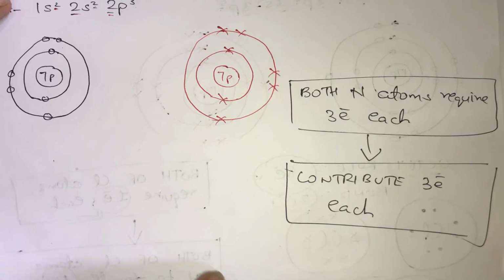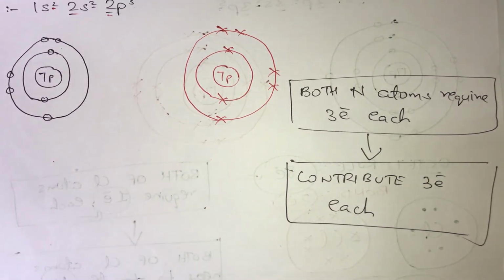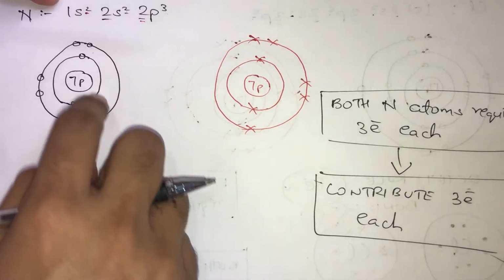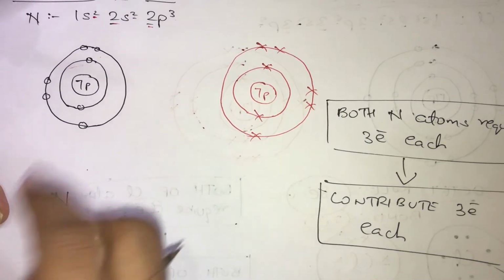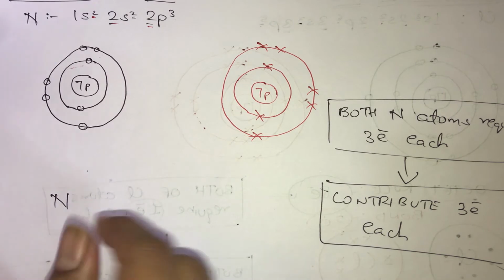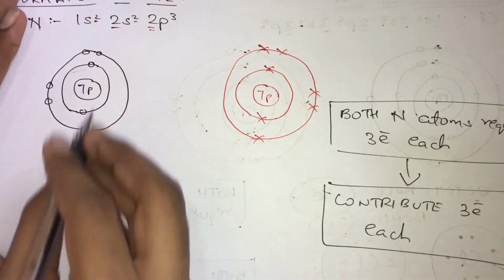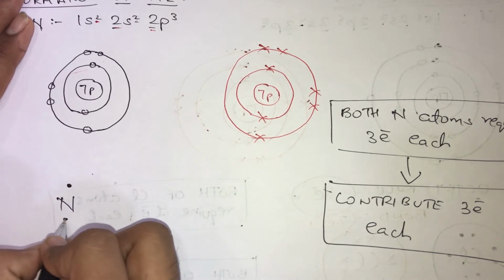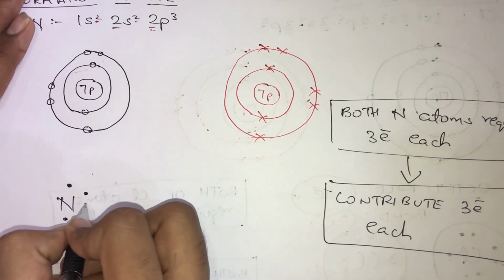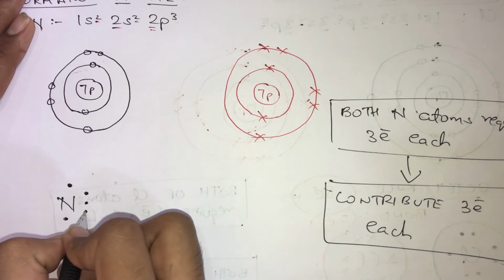So guys, let us draw the Lewis structure now. First of all, I am going to draw the Lewis structure for this atom. So nitrogen, and we represent only the outermost energy level electrons. 1, 2, 3, 4, 5.